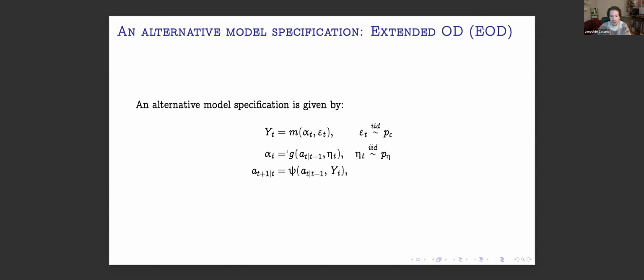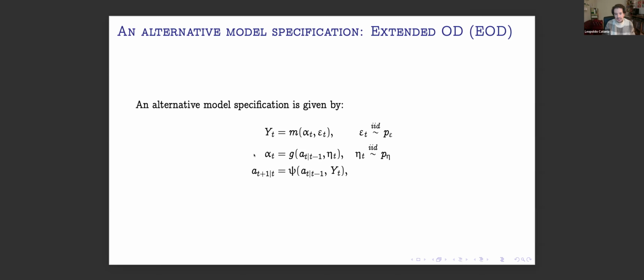Now, you might ask me, why do we care about this? Why should we include this extra equation here? The answer to this question is twofold. The first one is that by writing a model in this way, we will be able to develop new models, and obtain new specifications that might be interesting for actual applications.